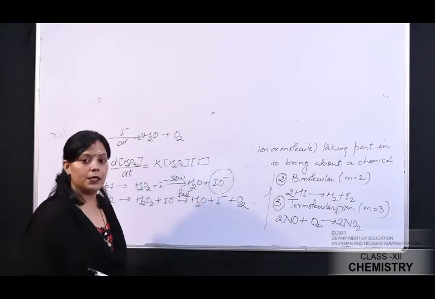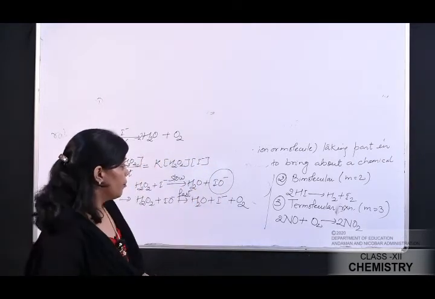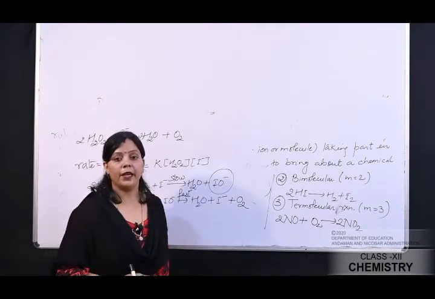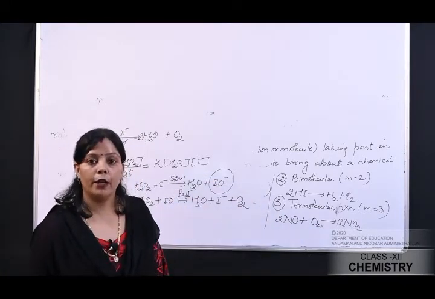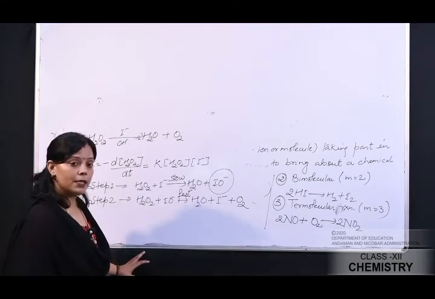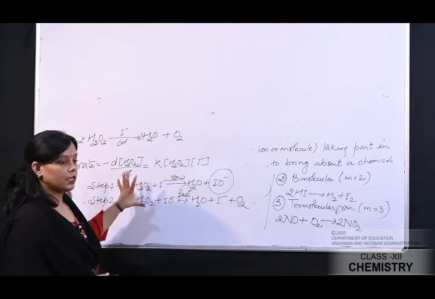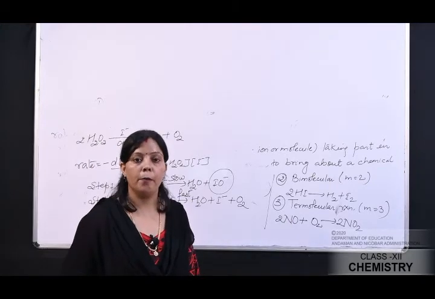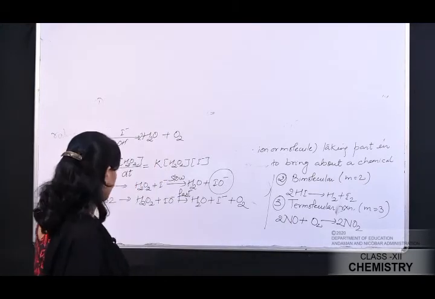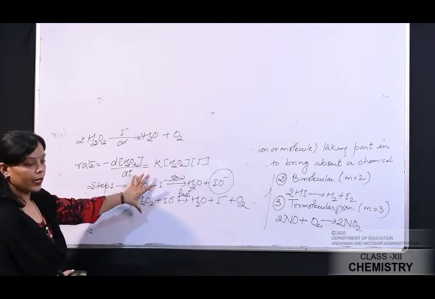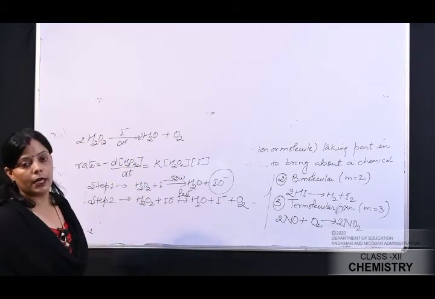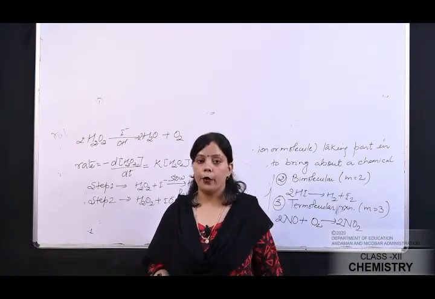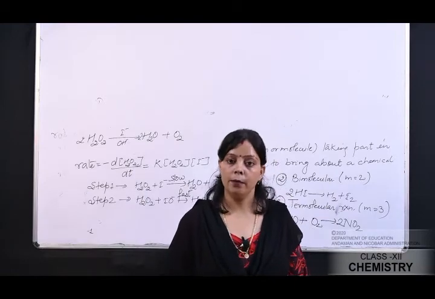The slow step is the rate determining step. The fourth conclusion is that the rate of formation of the intermediate will determine the rate of the reaction. And the last is that the overall steps involved in a chemical reaction determine the mechanism of the chemical reaction. So this is the mechanism of the decomposition of hydrogen peroxide, which is catalyzed by iodide anion in the alkaline medium.